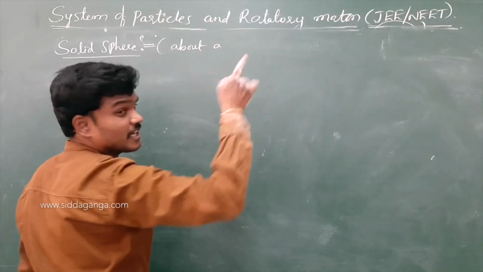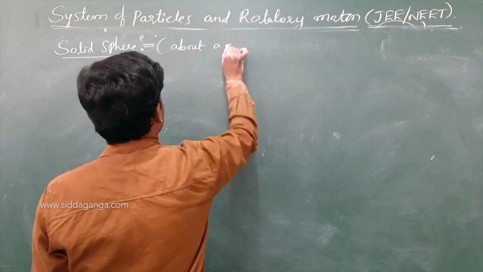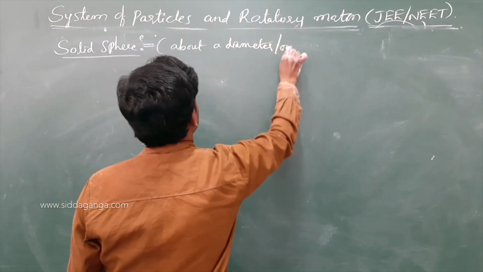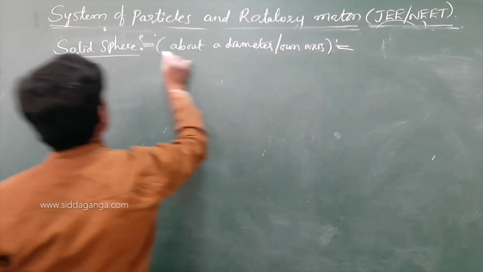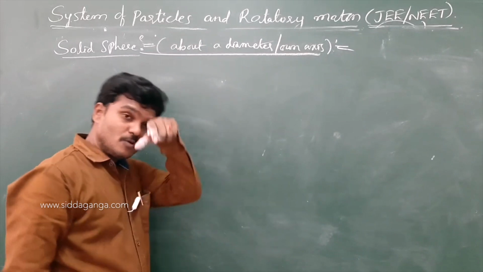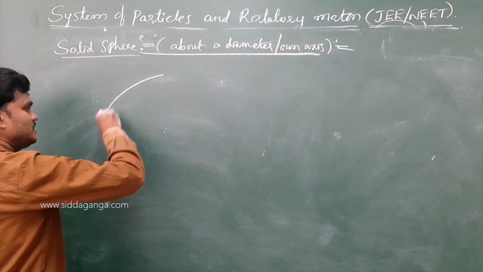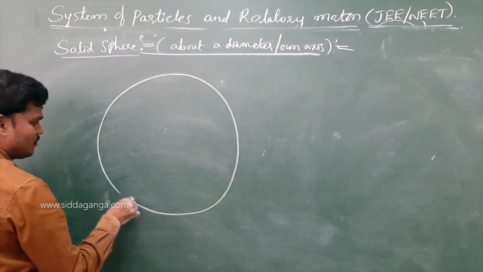Whatever line is passing through center is nothing but a diametrical line. So about a diameter or about its own axis, own axis also correct. Solid sphere, like a watermelon.